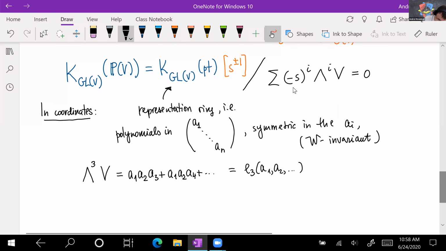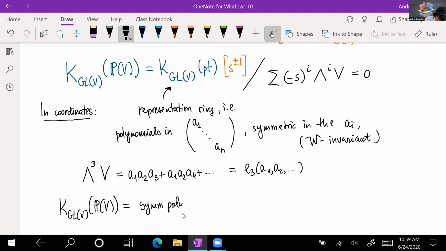And so this relation here. So if I want to take this relation, this is my K_GL(V) of P(V). What is this? This is symmetric polynomials in the a_i's, adjoin a variable s^{±1}, and you mod out by the relation.